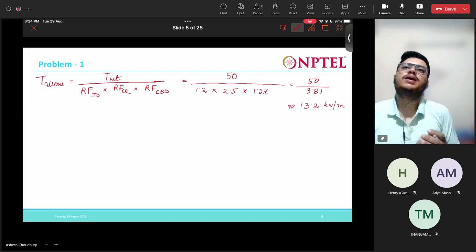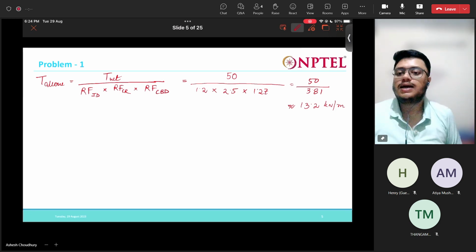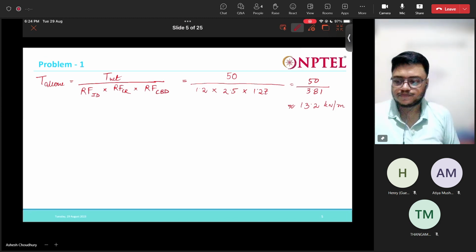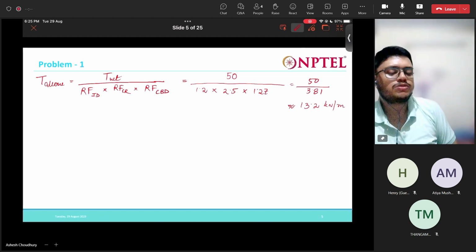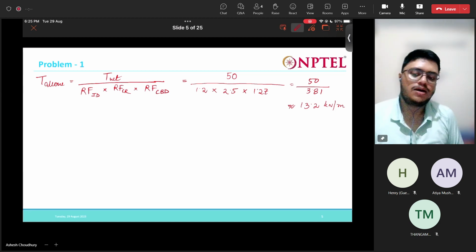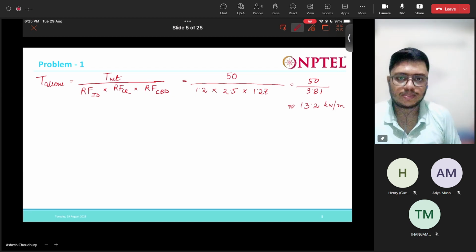Now if you remember the load, what was the load coming on each reinforcement? That was K times the vertical pressure, that will give you the horizontal pressure, times the spacing, right? So that would give us the load coming on each reinforcement layer, isn't it?